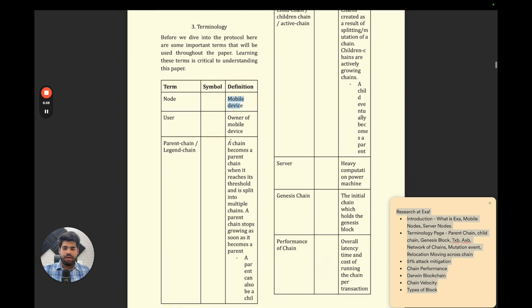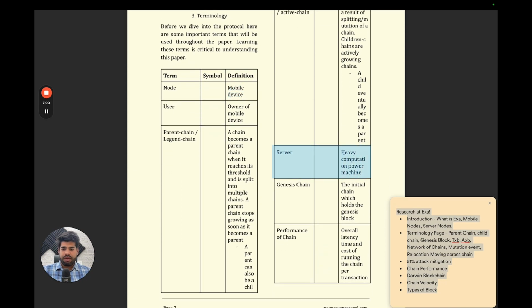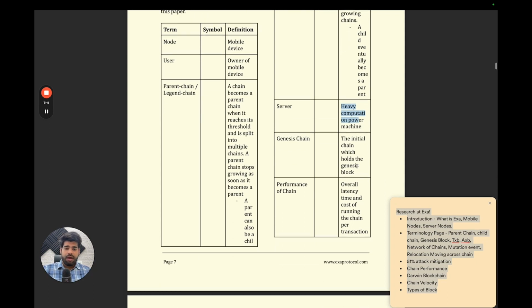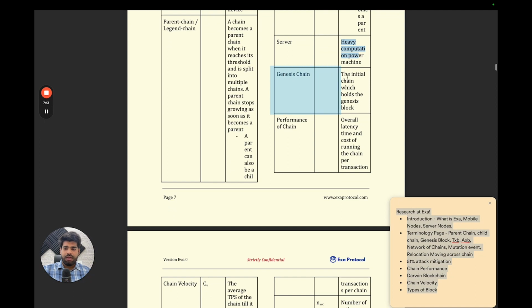We have server nodes. A server is basically a heavy computation device. It could be someone running a big PC or even running a server farm. That's what a server node is. A Genesis chain is the first chain in the Darwin network, from which everything stems.